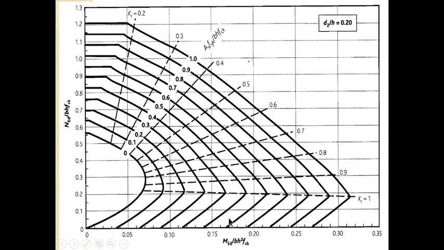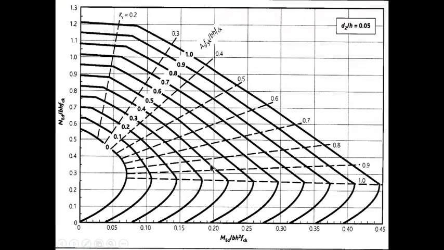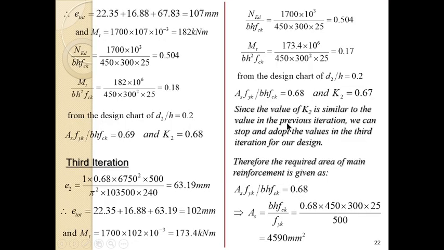If you project it to 0.5, you will have the point there. So the value we pick for ASFYK over BHFCK is 0.68. The new K2 is 0.67. Now, the previous one was 0.68, so K2 is not changing much again. So we can stop at this third iteration.